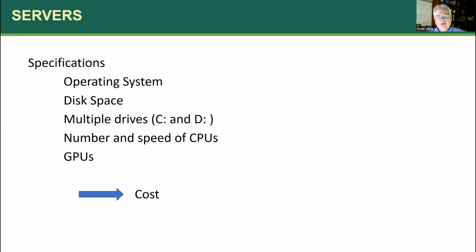Our IT department likes to have a C drive on a server, and all it has is the operating system on it. And then they create a separate drive, a D drive, which maybe has space for the vendor to place their software, storage space for images that are coming or going, who knows what, but they want to keep things separated. The C drive just has the operating system.